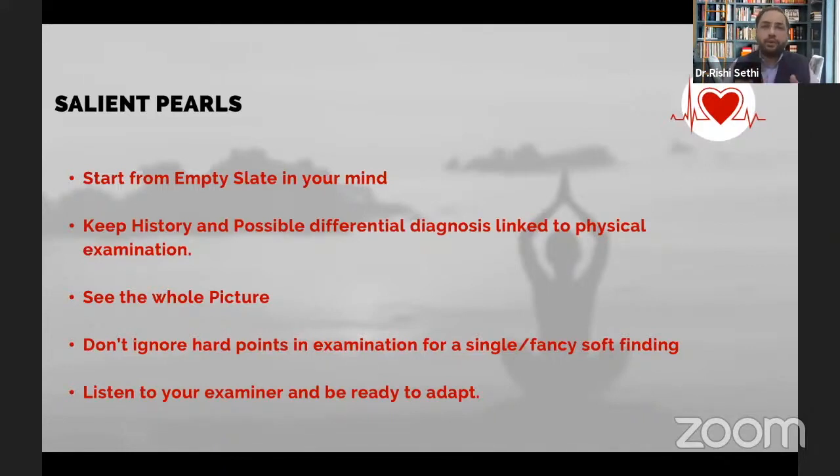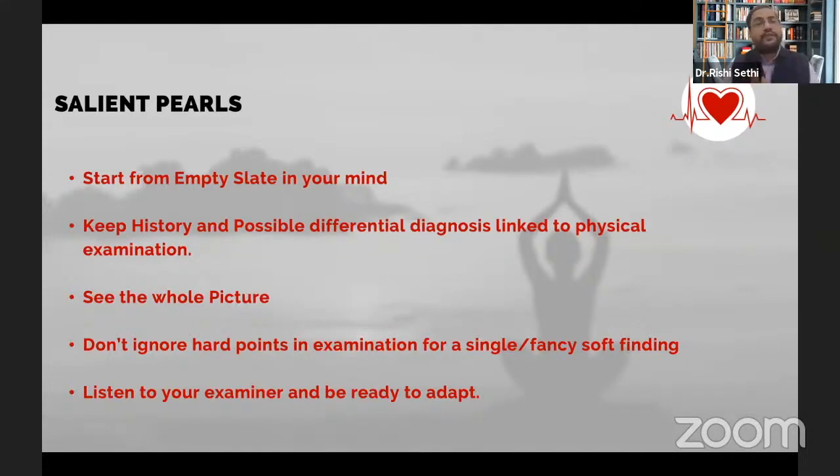And are you good at relating history to clinical findings and picking up good clinical findings and trying to construct the whole story? So he's not interested really in the diagnosis, but your working of your mind. So try to start as much as possible on an empty slate in your mind in DM cardiology examination.